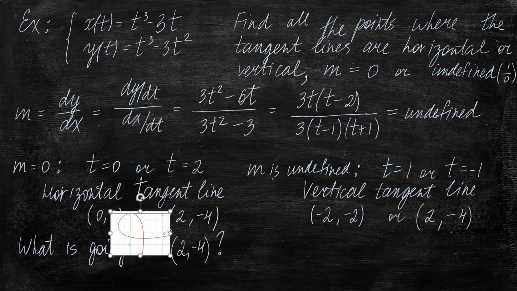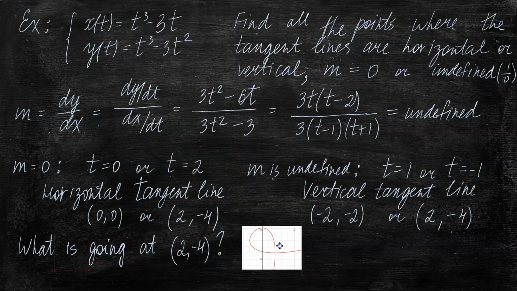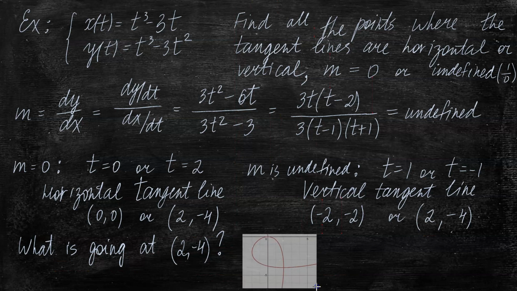We actually have the following graph. So again, this is the parametric curve, and turns out that it passes through the point 2, -4 2 times.